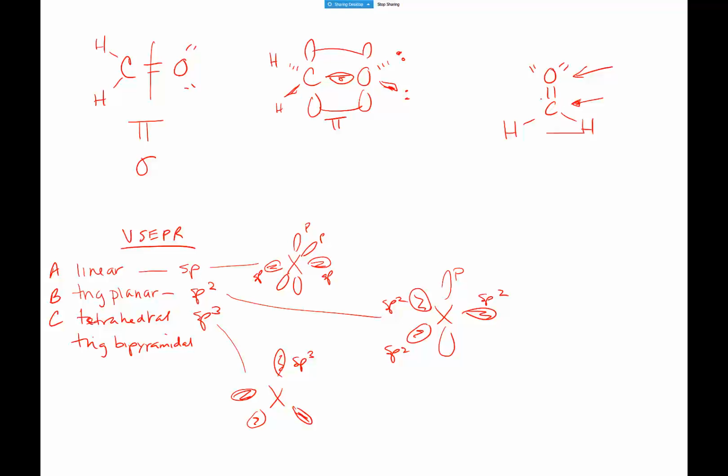So around carbon, how many bonding pairs are there? There's three: one, two, and then the double bond counts as one. So around carbon, there's three bonding pairs, which is going to make it trigonal planar. Okay, two would be linear, three is trigonal planar, and four is tetrahedral.